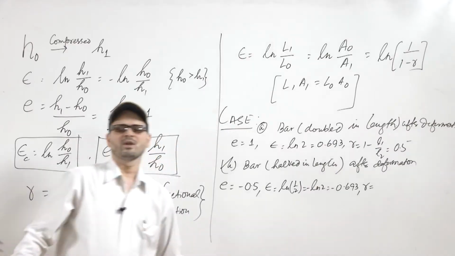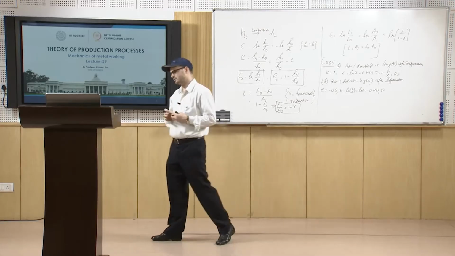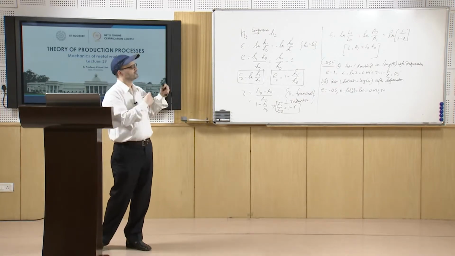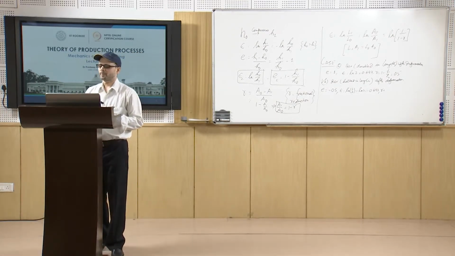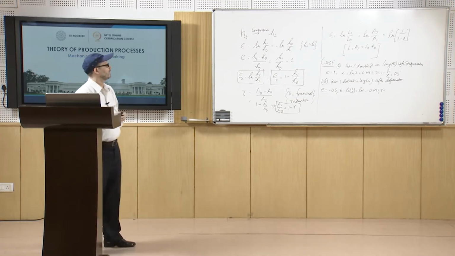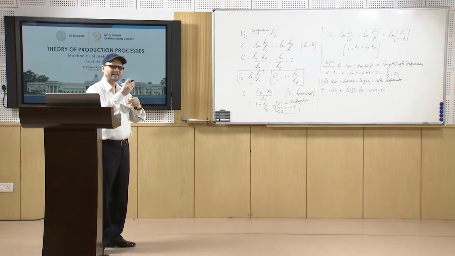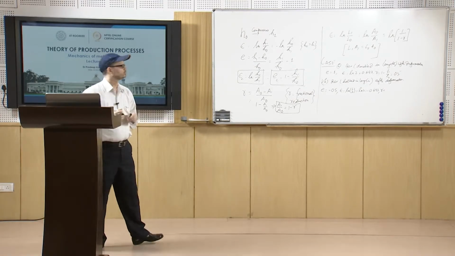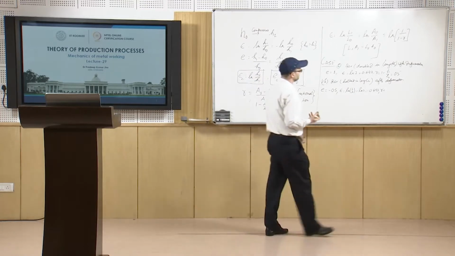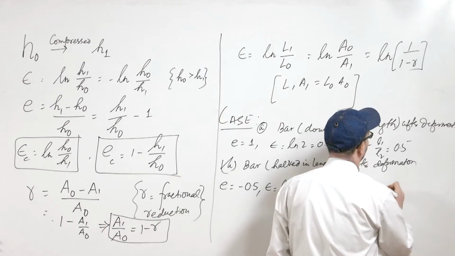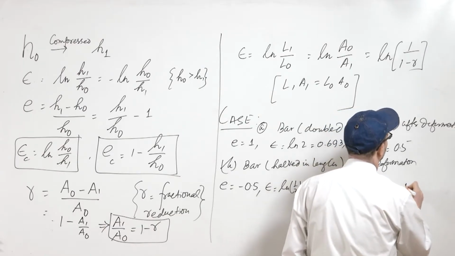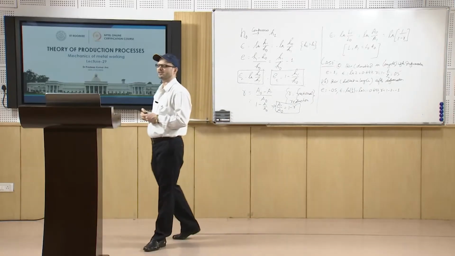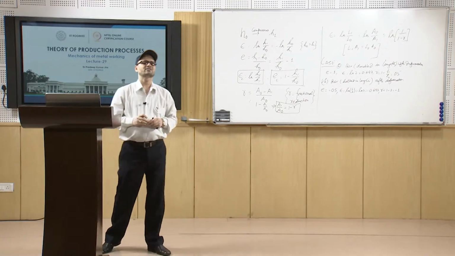And further we can use 1 minus L1 by L2 to get R. L1 by L2 is 1 by 2, so that is 1 minus 2, which becomes minus 1. This is how you can compute these values of the strains or the fractional reduction.